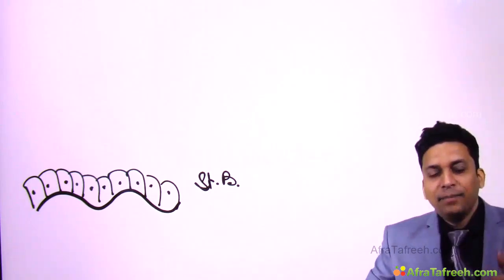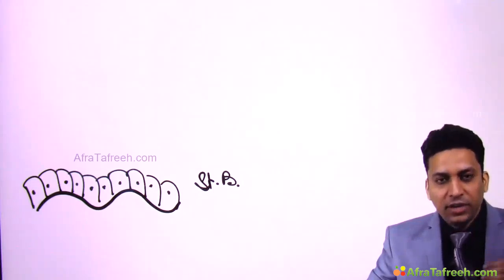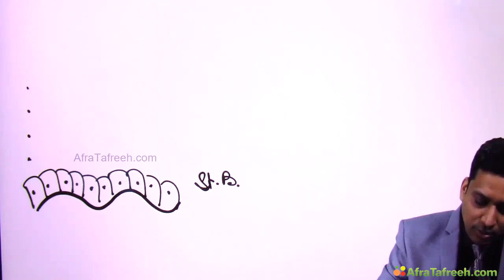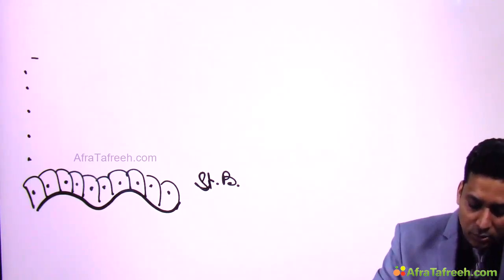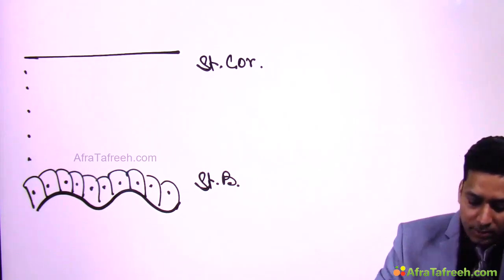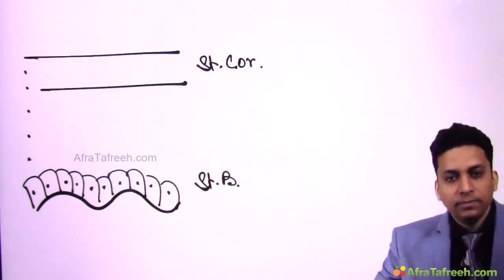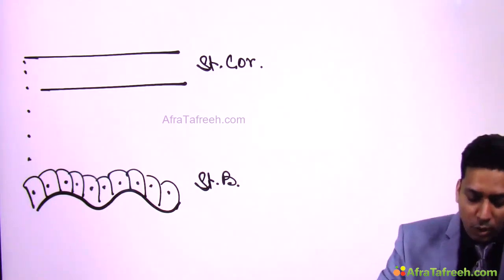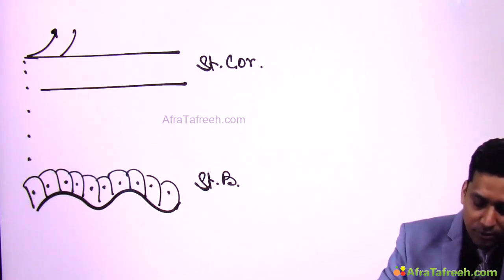And because they are highly mitotically active, they are proliferating. So when they proliferate, they form other cells, then other cells, and these cells gradually keep on moving upwards, and soon they reach the topmost layer, that is stratum corneum. Now they cross stratum corneum also. Soon they reach the topmost layer of stratum corneum and they start sloughing off from here.